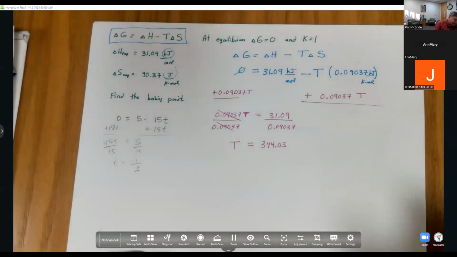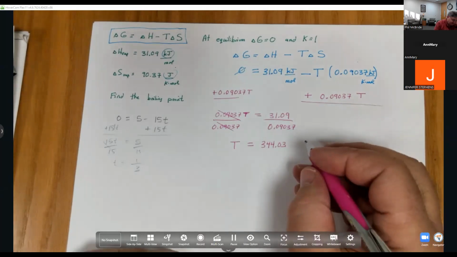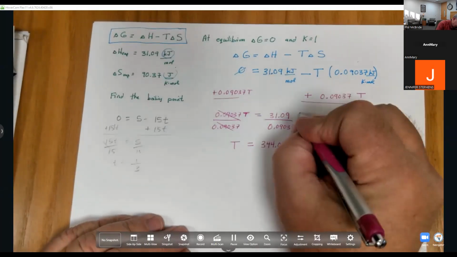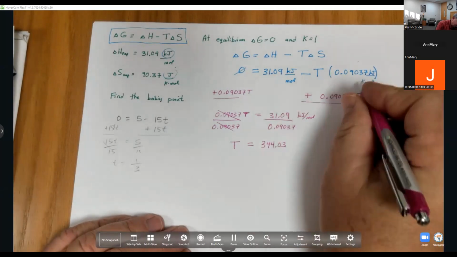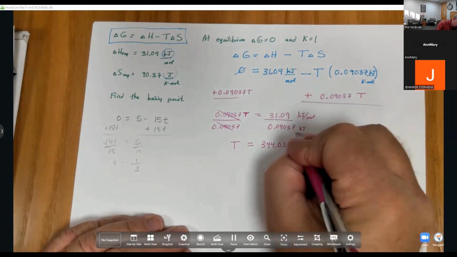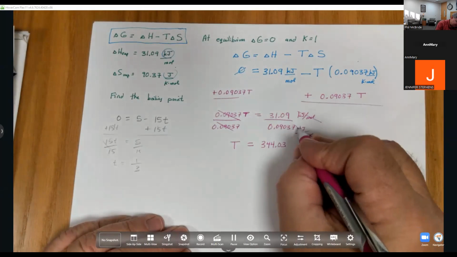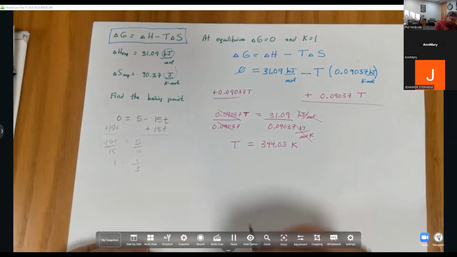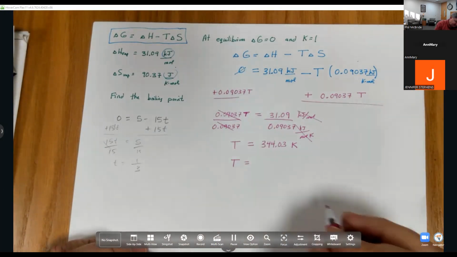And the units: the 31.09 is kilojoules per mole. The 0.09 is kilojoules per mole Kelvin. So it would be just Kelvin, because the kilojoules per mole are going to cancel, just leaving you in Kelvin. Now, how do I change that to Celsius? Subtract 273. Right.